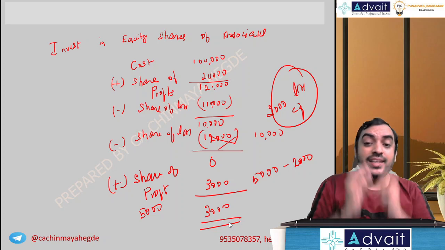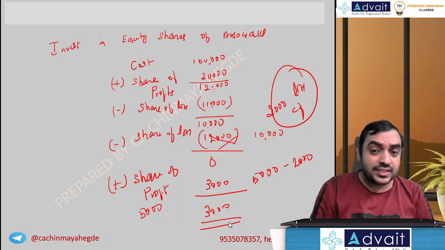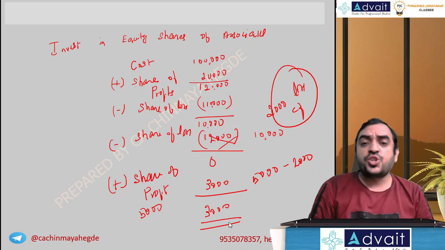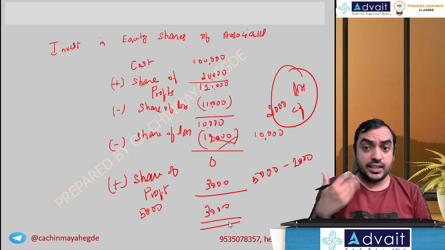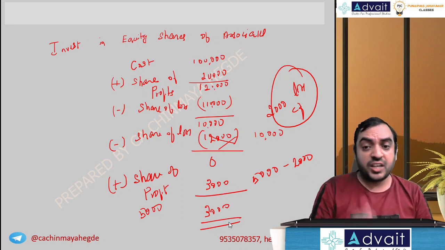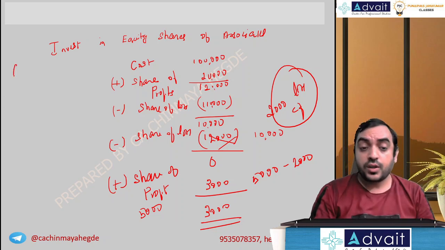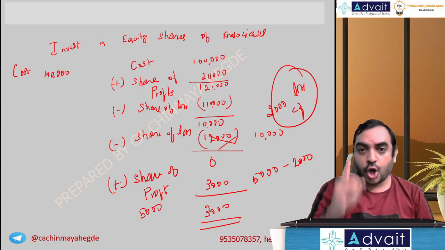Okay, so what is the impact? Why are we doing this carry forward and set off? Carry forward, you understood. I cannot show a negative number because our liability is restricted to the amount of investments. Why should I do set off? I'll show you the amount now. So overview now. Cost 1 lakh.